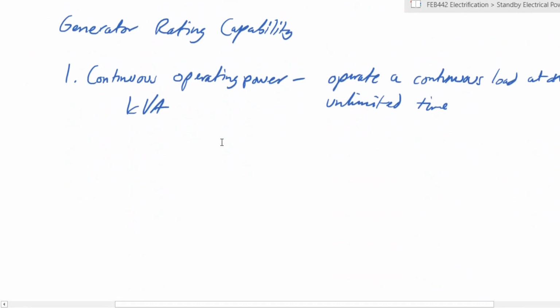This means that whenever we are sizing or giving the ratings of our generator, we must take into consideration the heating aspects, and that is the primary limiter of the amount of power that can be supplied by the generator. If the generator overheats, there is risk of insulation breaking down, or even the conductors and windings within the generator overheating and melting. So that is the first type of rating. The second rating is prime running power.